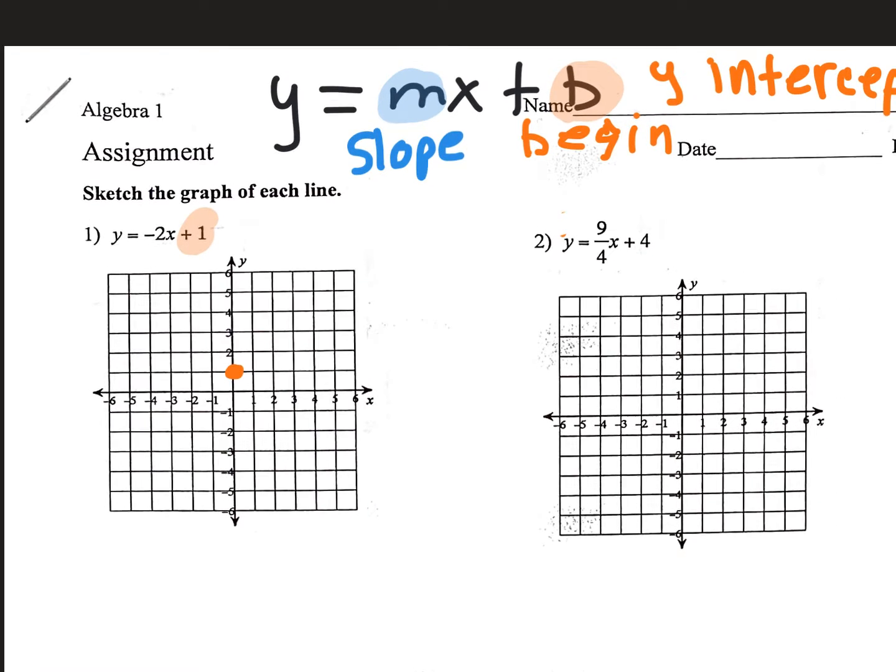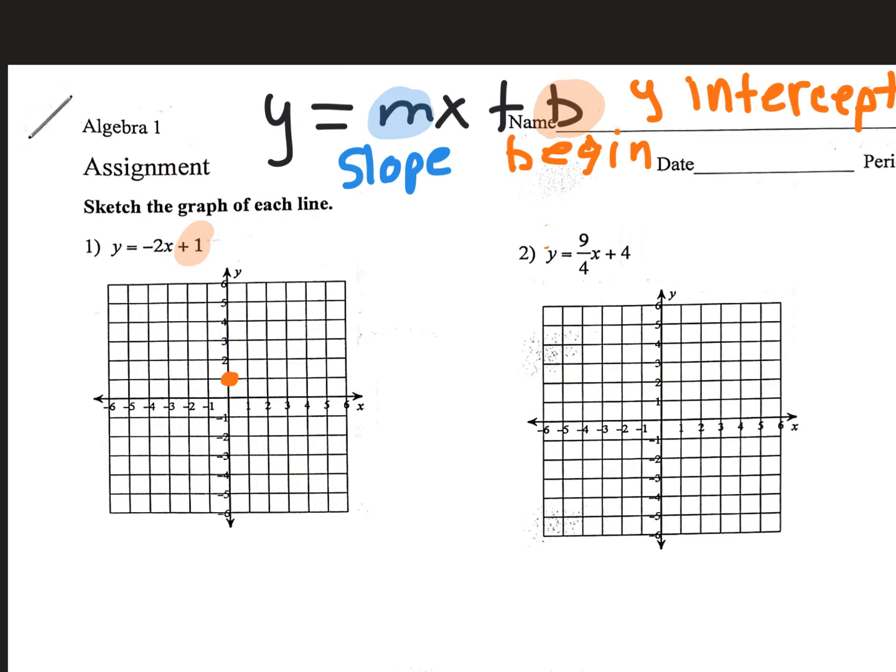So looking at number 1, take an educated guess. What number is going to tell you the slope? -2. That -2, exactly. So I would highlight it in the same color so it makes it easier to refer back to. So my slope is -2.